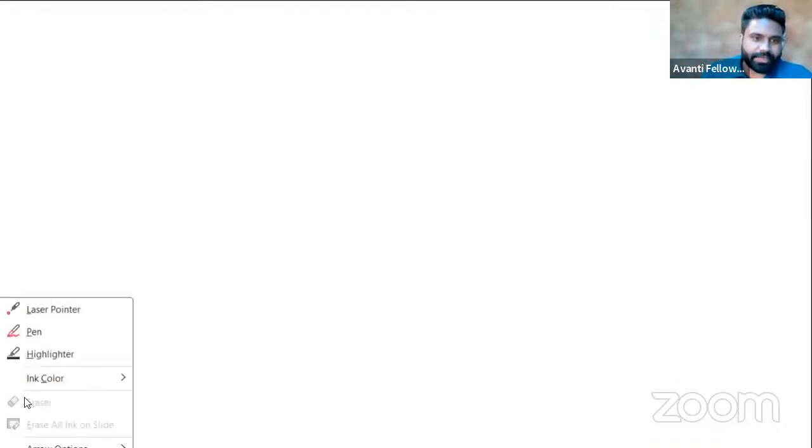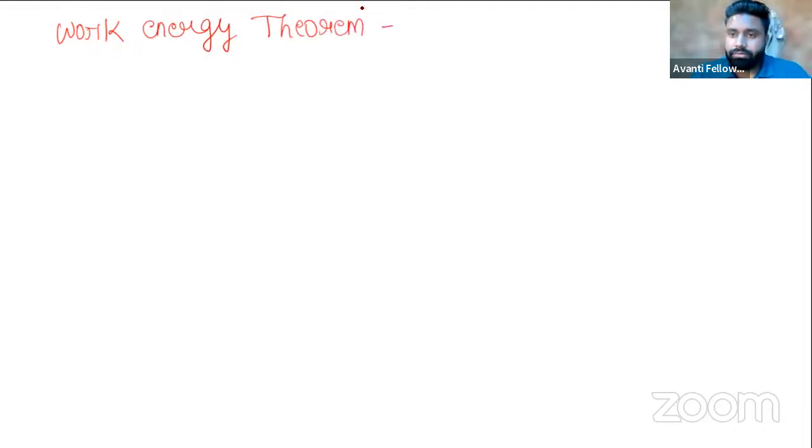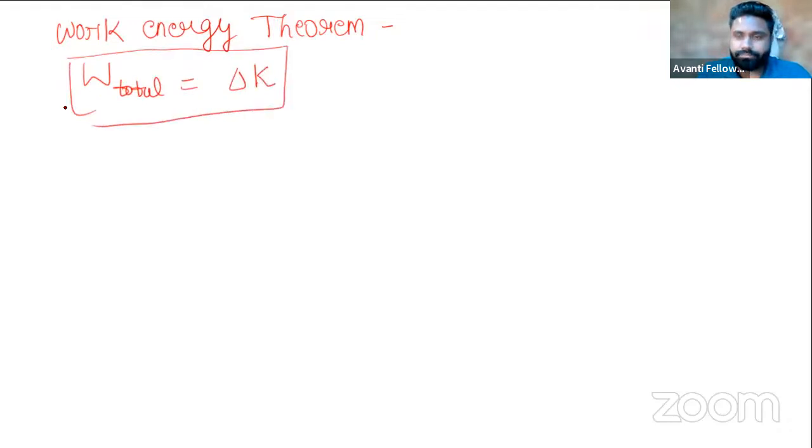So basically, what is the work energy theorem? What does it stand for? The work energy theorem tells us that the total work done is equal to the change in the kinetic energy of the system.